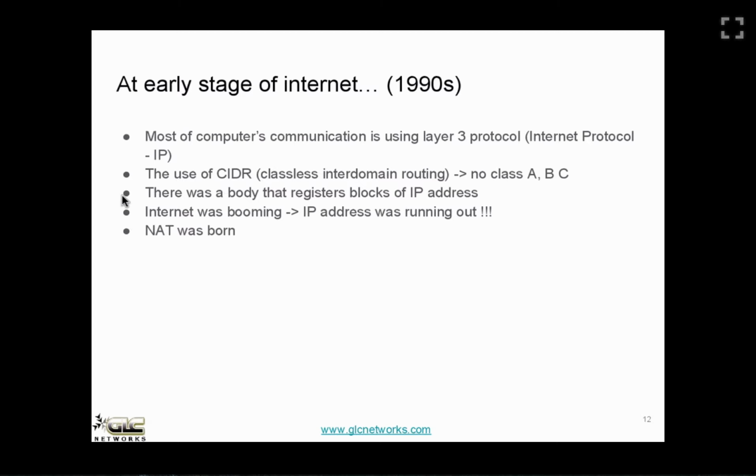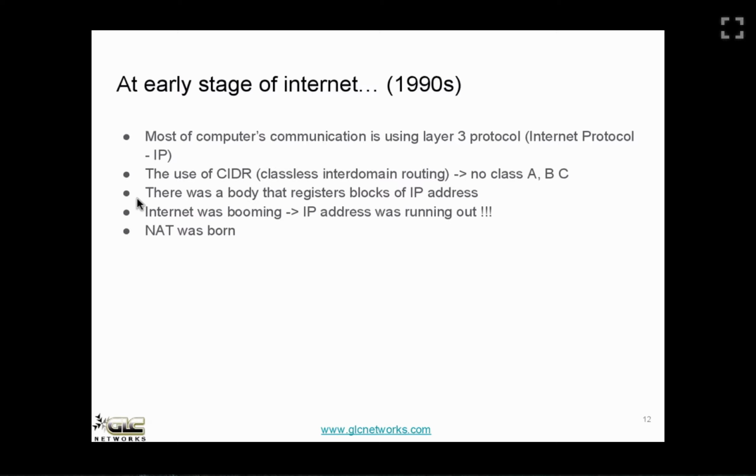There was a body that registers blocks of IP addresses. So if you are Cisco, if you are Mikrotik, and you go to that registry, saying, I want to connect to the internet, I want to have a block of IP addresses, at the time it was possible.